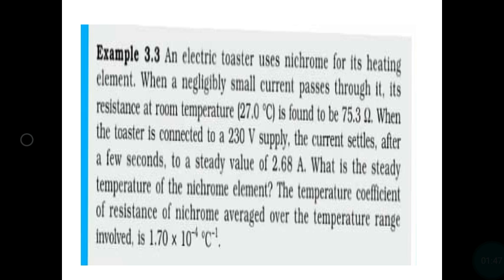That is, when the temperature increases, the resistance also will get increased. For nichrome, this change in resistance is very small, but here it is asked to find out, so let us calculate it. That is, what is the new resistance when temperature is increased due to the current flow.